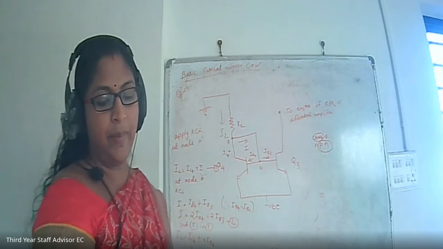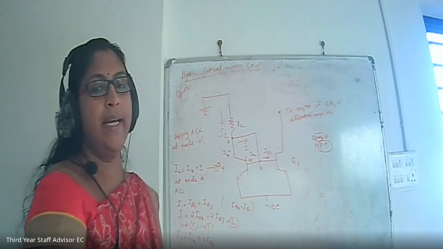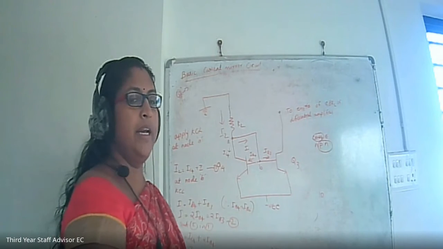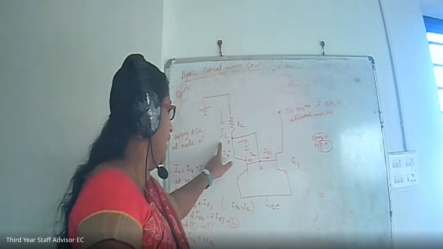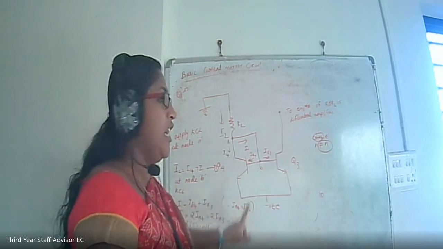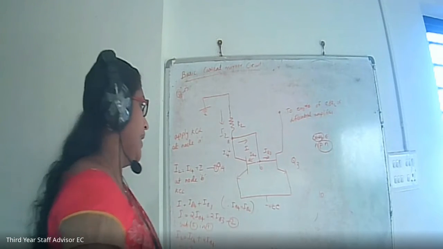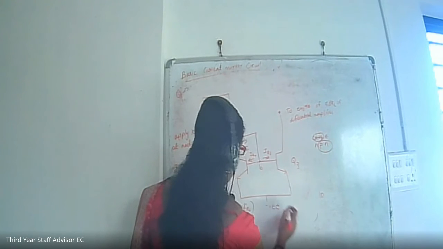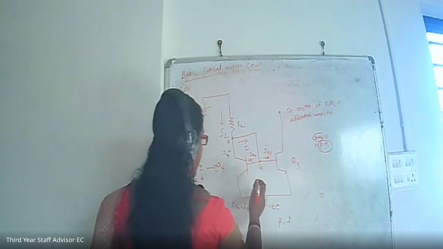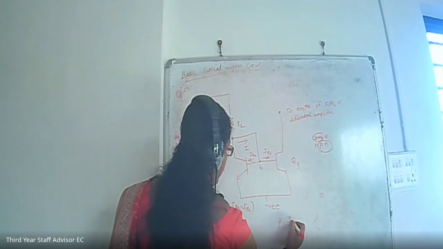But we know what IB3 is. You have the current gain equation. In this case, input is given to the base. If the input is at the base and output is taken at the collector, then what is the value of beta, the current gain? Beta is equal to output current by input current, that is, collector current by base current. So beta is IC by IB.